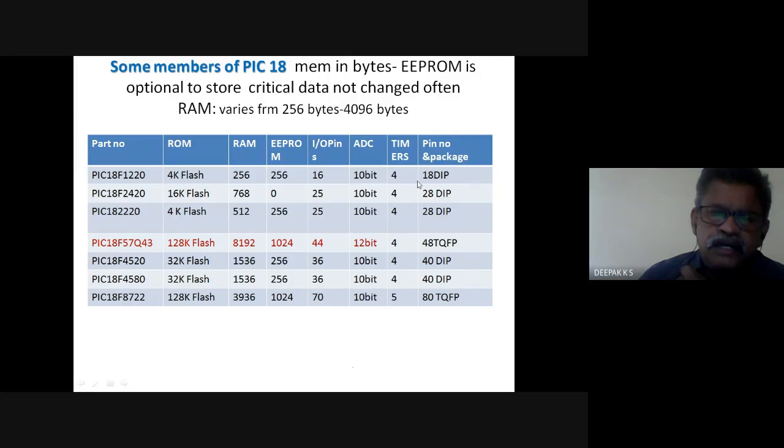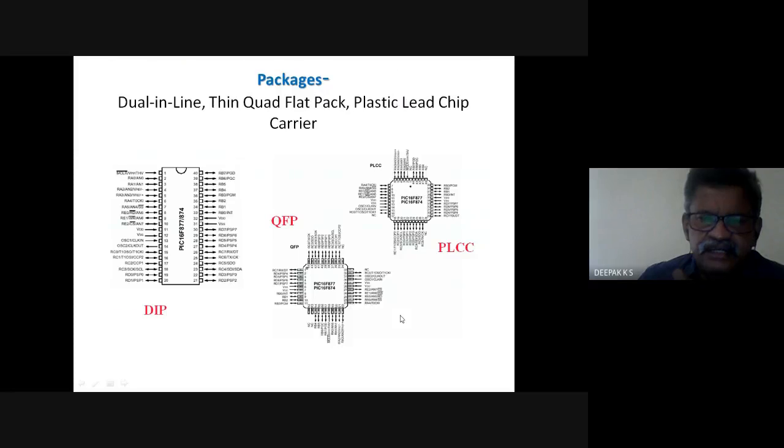And this PIC 18 could be as low as an 18 pin dual in line package or as high as an 80 pin quad flat package. Packages are these things. Dual in line means it is like our normal IC, like your 555.